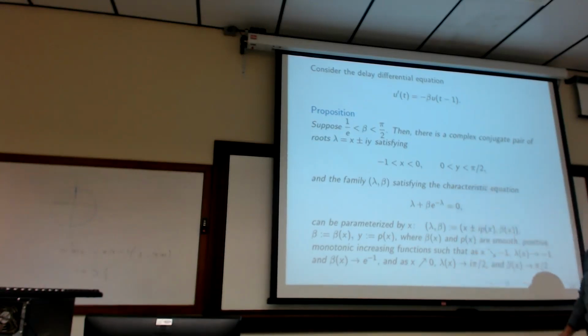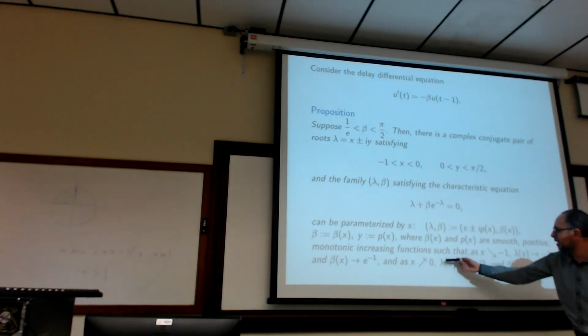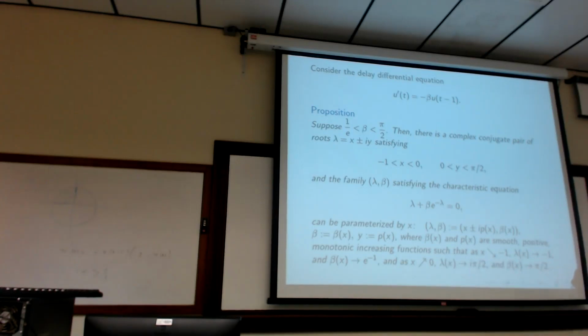And this is to prove this result. It's not difficult. We prove that when beta goes to pi over 2, the eigenvalue goes to this value.